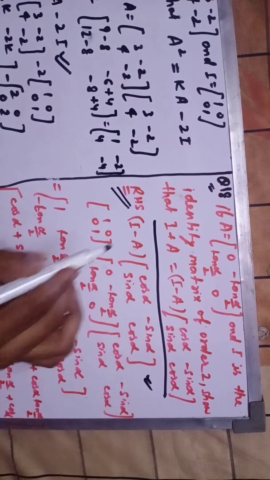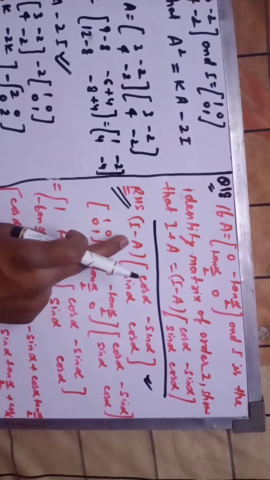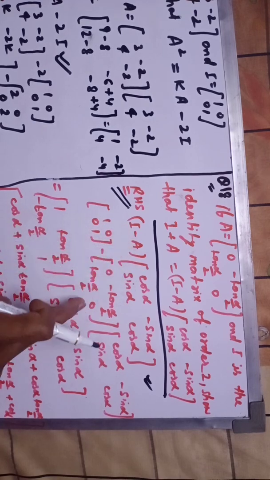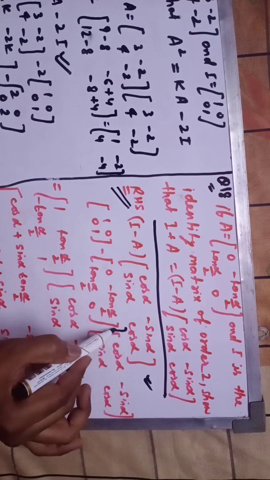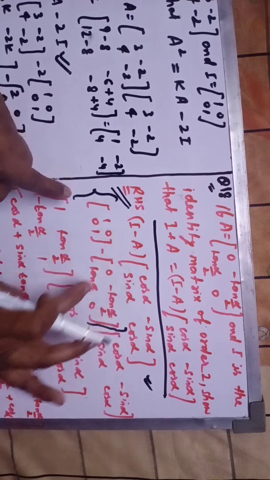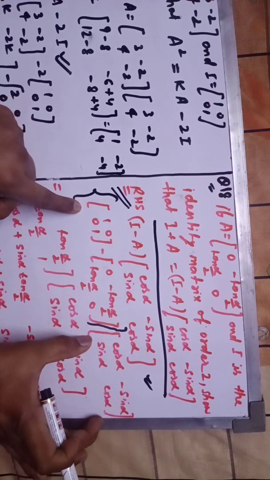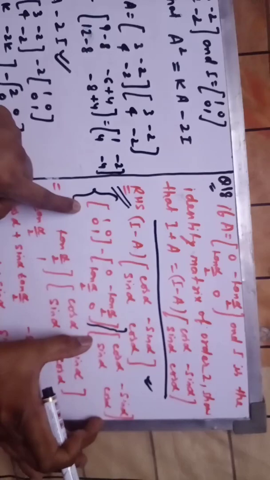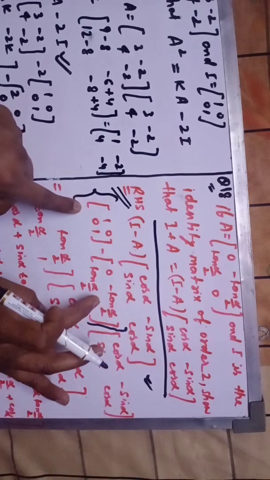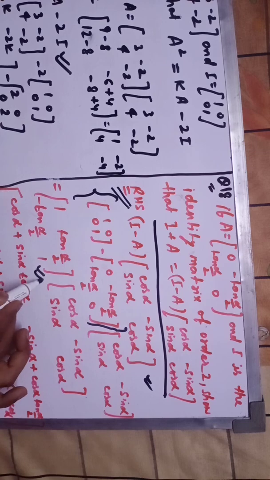Fine. Your I is the identity matrix. In place of I you have to write the identity matrix, then minus your A matrix like this. This is your whole combination. This is I minus A only. And then this same matrix you have to copy here. Fine. Now you have to subtract these two matrices. After subtracting, you will get this matrix.